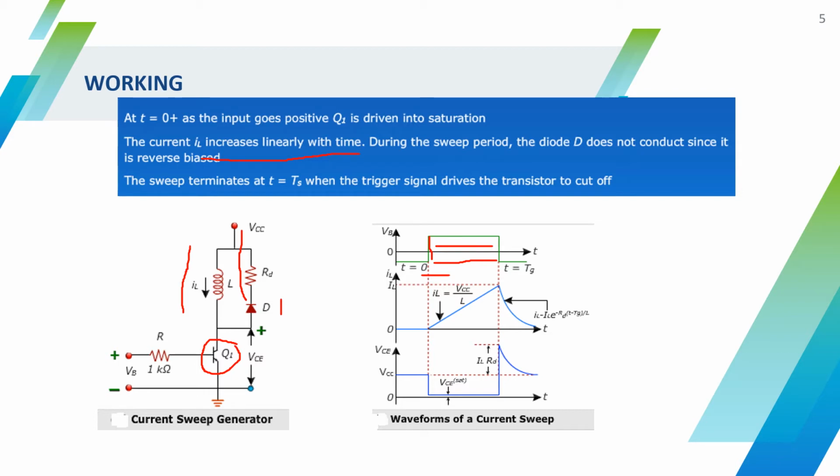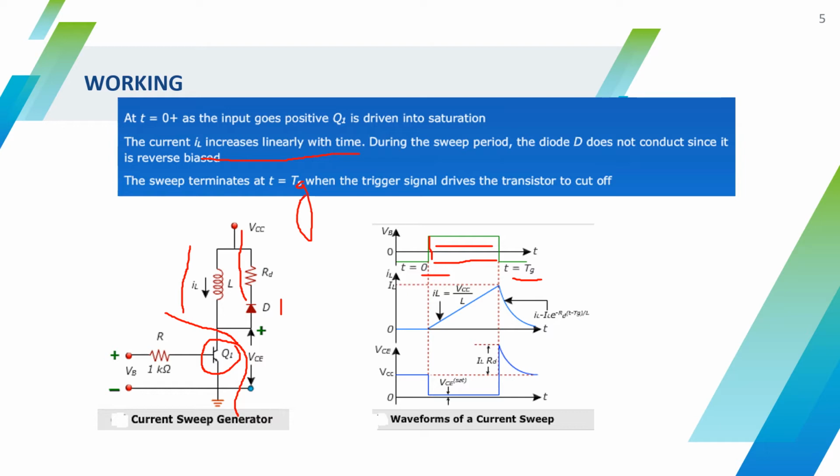The sweep terminates at t equal to Tg. Then transistor Q1 goes into cutoff. It doesn't conduct, so it is effectively disconnected from the circuit.